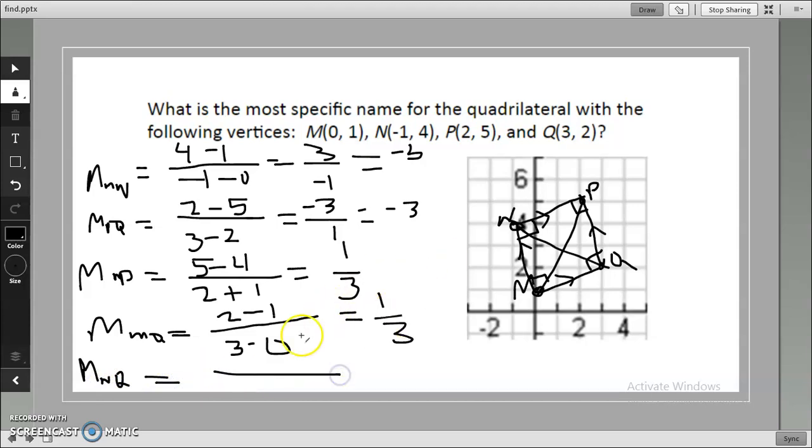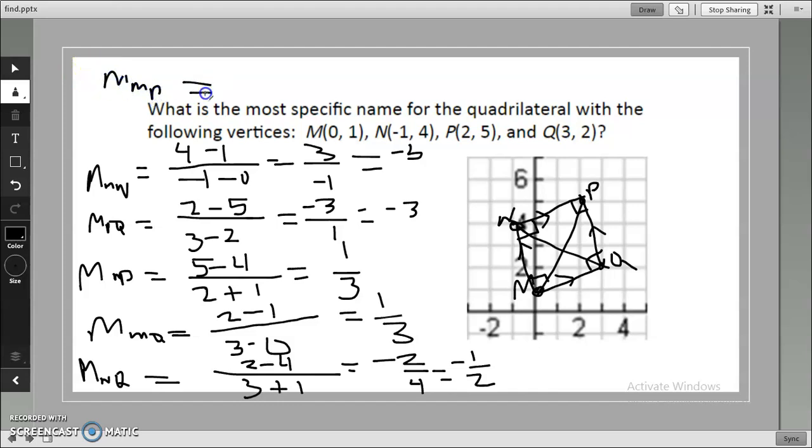So Q is our second, so that's 2 minus 4 and 3 minus -1, so that's +1, which gives me -2 over 4, which is -1/2. All right, so we did NQ, let's do MP.